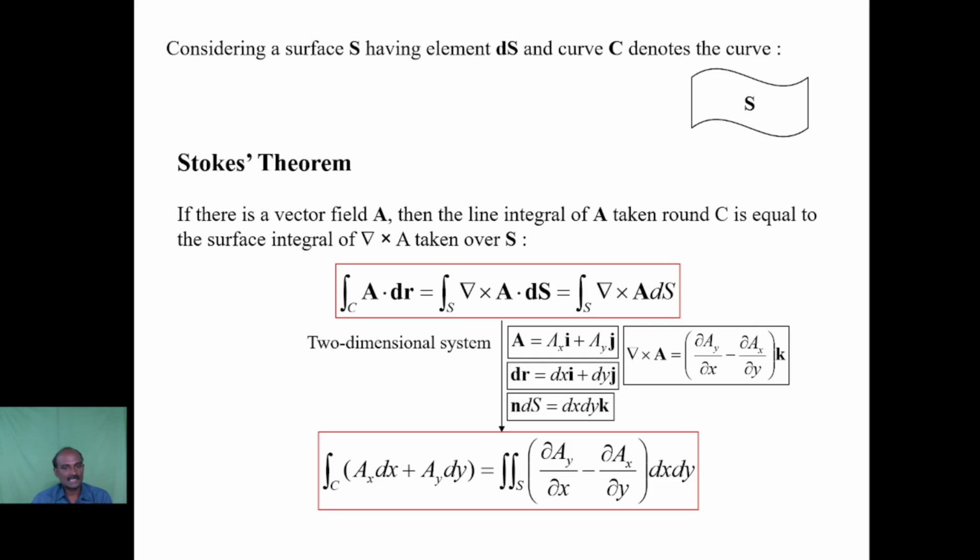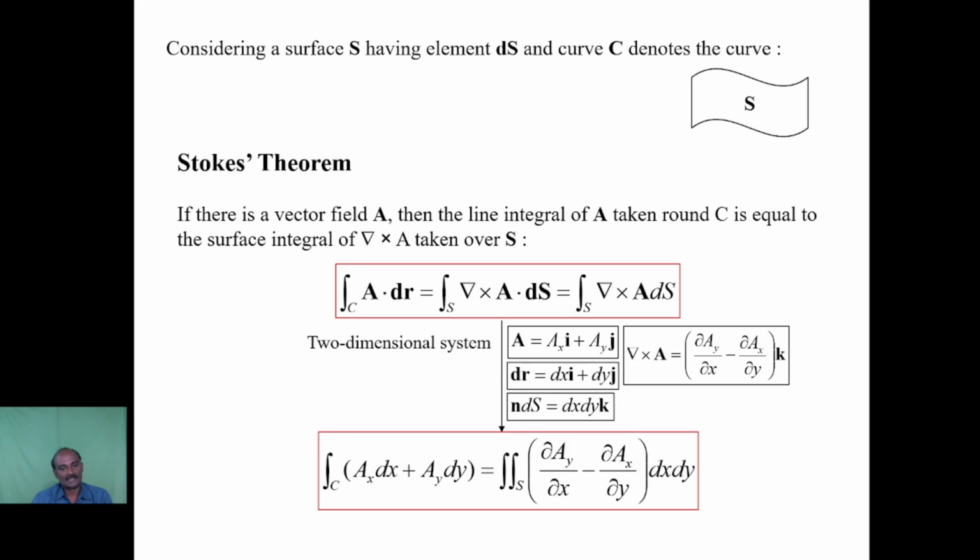So divergence and the curl. Stokes theorem. The surface integral of del cross A ds is equal to the line integral.